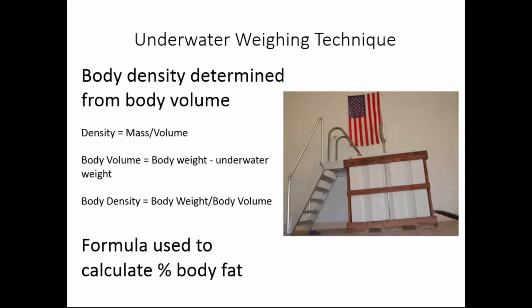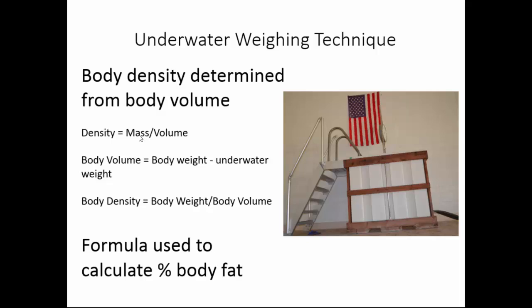In general, what we're trying to do is measure a body density, and we determine that through body volume. The bottom line on all this: you take their body weight on land and subtract it from the body weight in the water, and that gives you the volume, and then you divide that by their body weight on land to get the density, how dense they are.